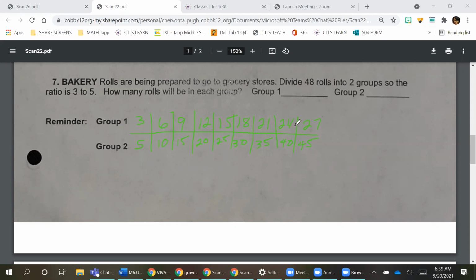I know that 24 and 40 is not 48. 21 and 35 does not equal 48. But look here, 18 plus 30, that does equal 48. So I now know that in group 1, I'm going to have 18 of the rolls. And in group 2, I'm going to have 30 of the rolls. And boom.